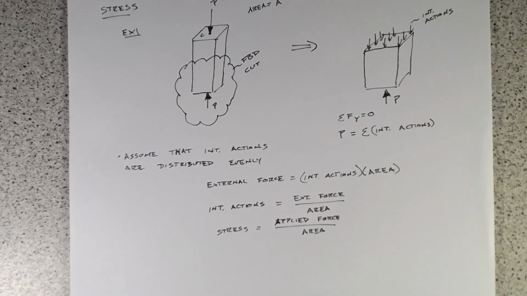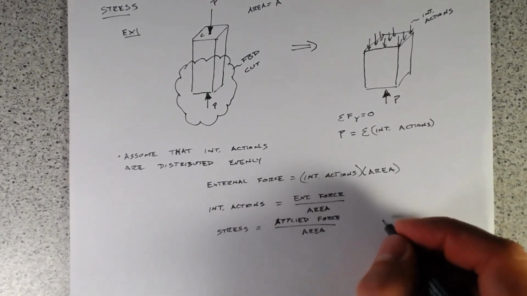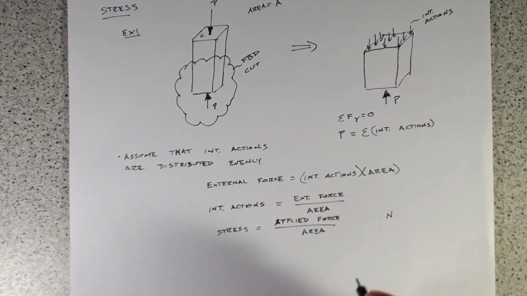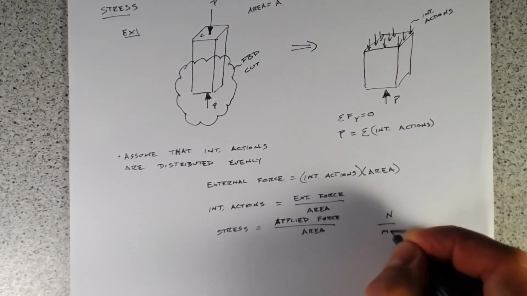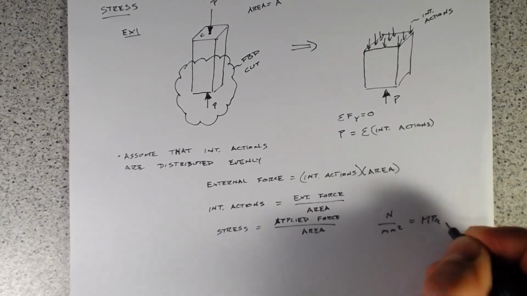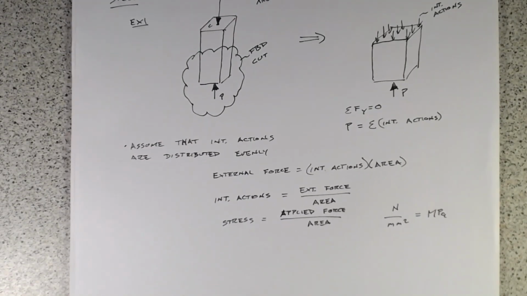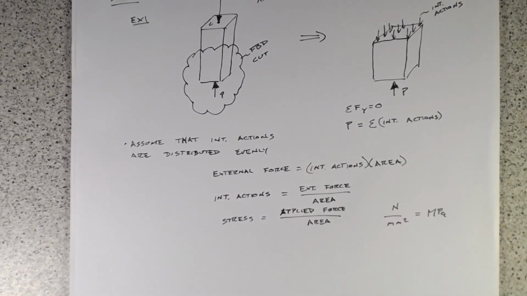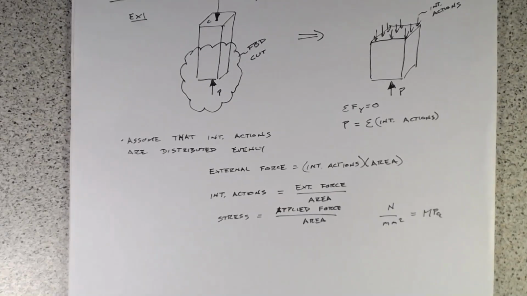And you'll notice that, if we look at some units for this, so force, say we call that newtons, and an area, millimeters squared, equals MPa. It's the same as a pressure. So stresses and pressures are related. We have the same units, and it's much the same thing.